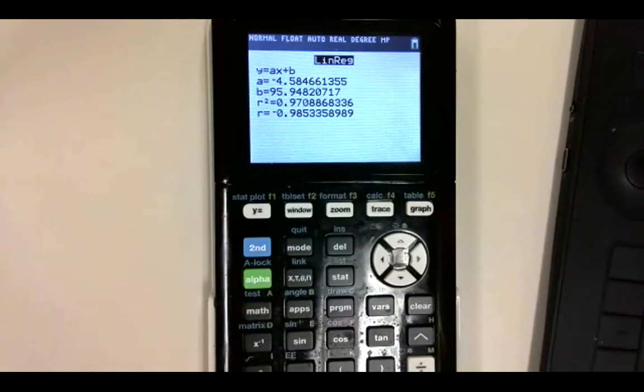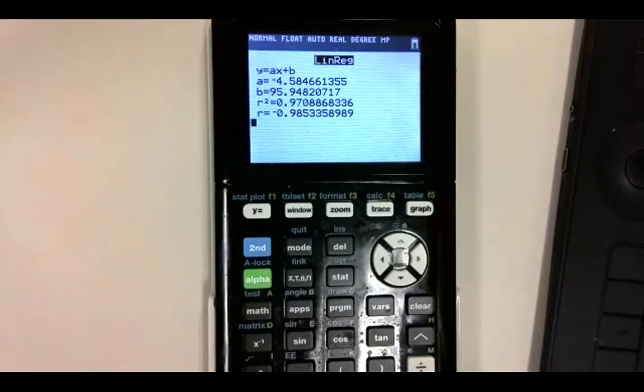Because it's negative, my R value is negative, and it's over 0.6. It's got a strong correlation whether it's positive or negative. So this has a strong negative correlation, which means basically my slope has to be negative. What the R squared value means is how close this is to being perfectly linear. 0.97, that's pretty strong. So it's pretty close to being perfectly linear.